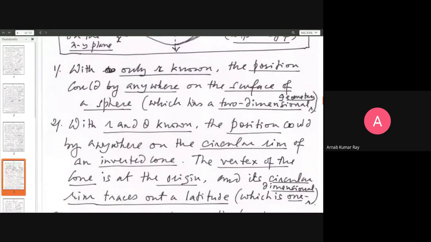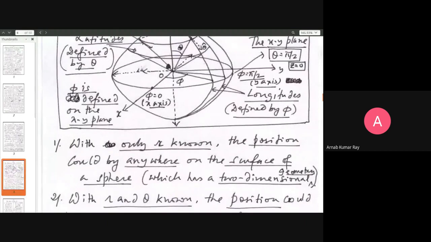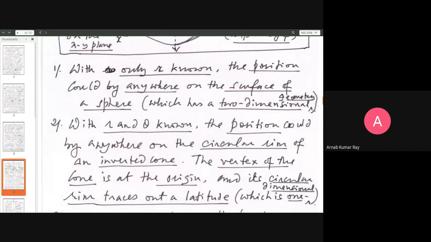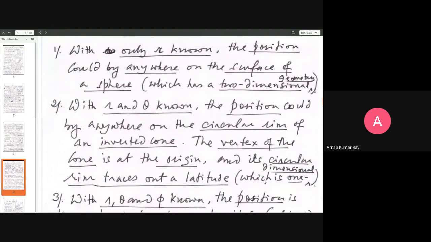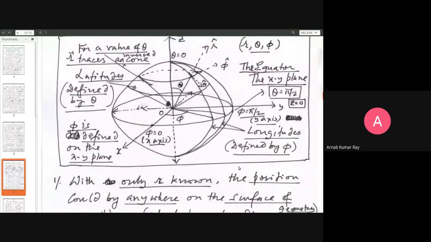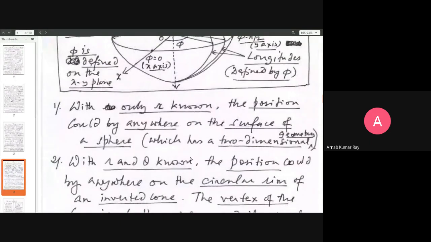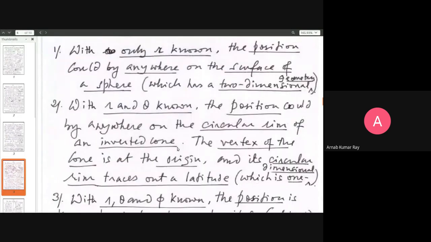The vertex of the cone is at the origin, and its circular rim traces out a latitude, which is one-dimensional. So, 2 points of information are missing in the first case. You know only r. Therefore, your uncertainty is two-dimensional in nature. In the second case, 1 point of information is missing, that is phi. Knowing r and theta, your uncertainty is one-dimensional in nature.